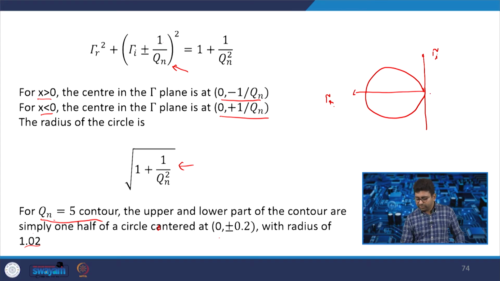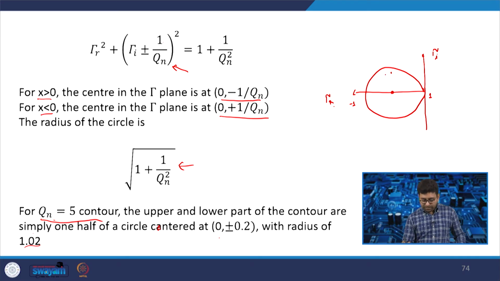We all know that on the Smith chart, plus 1 will be here and minus 1 will be here, and 0 will be centered here. That will provide the 50 ohm impedance matching. So, that is 0, and then you need to get the plus or minus 0.2. On the imaginary part you can get plus or minus 0.2, somewhere here, and you can take that as a center and try to draw the circle with radius 1.02.